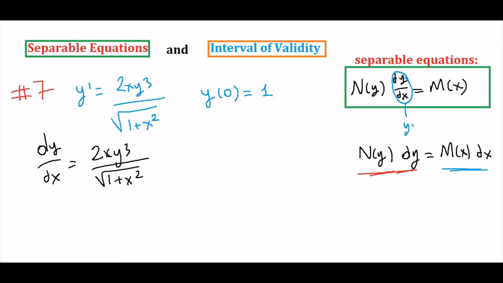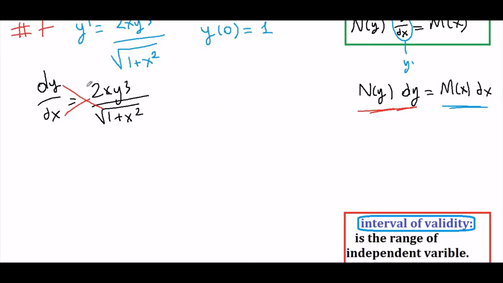Our next step is to cross multiply. So we obtain square root of 1 plus x squared dy equals 2xy cubed dx.